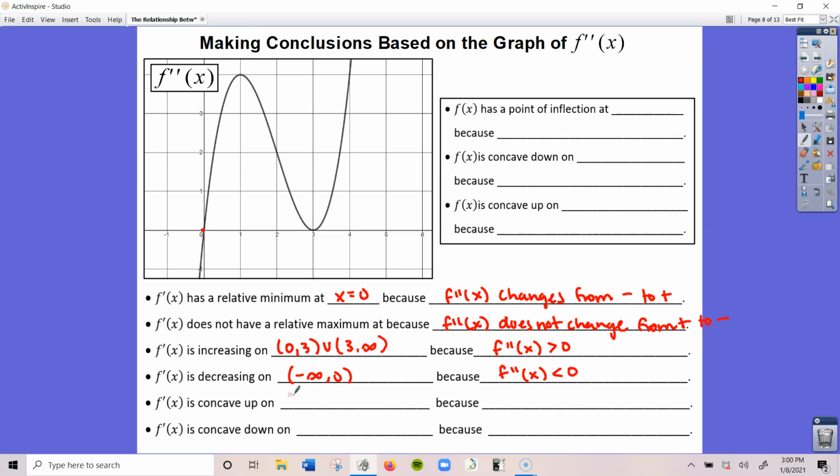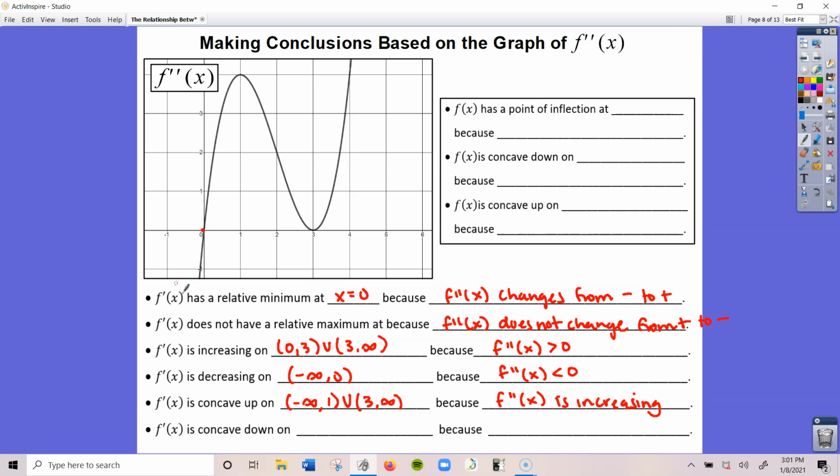So we would say f prime of x is concave up from -infinity to 1 union from 3 to infinity. And the reason would be because f double prime of x is increasing.